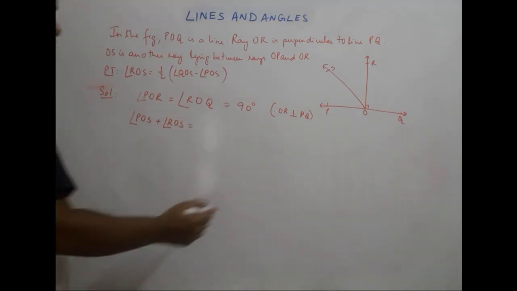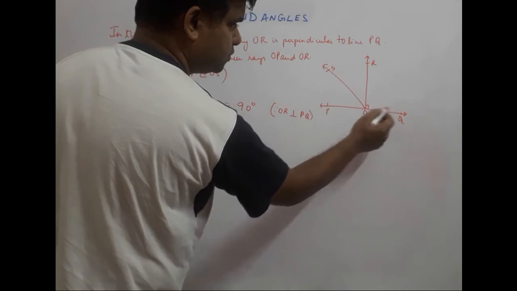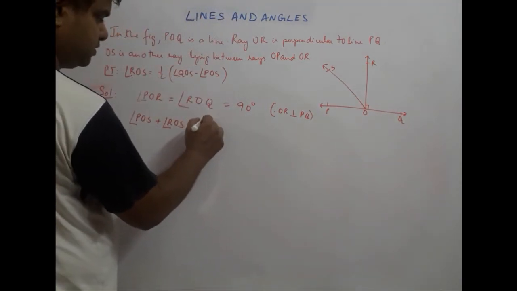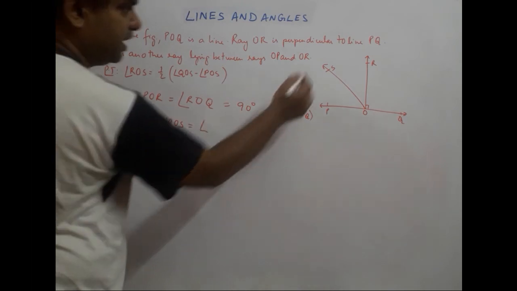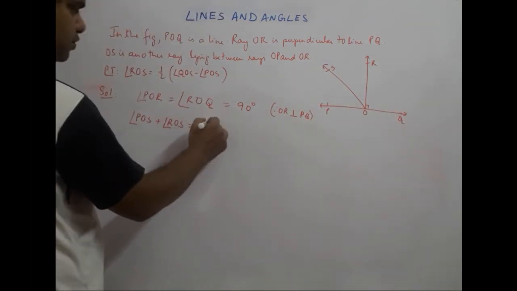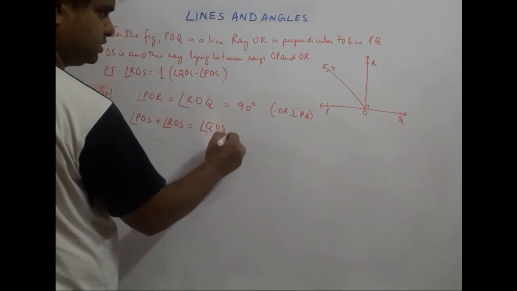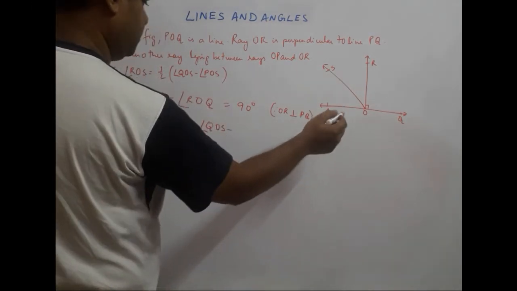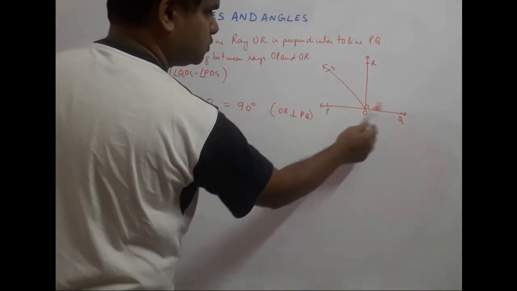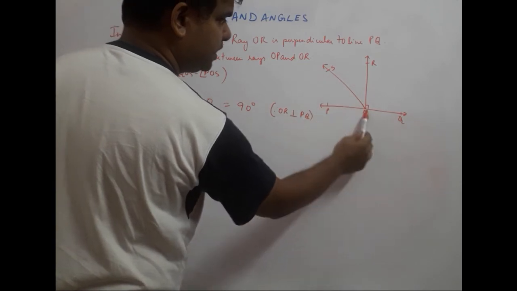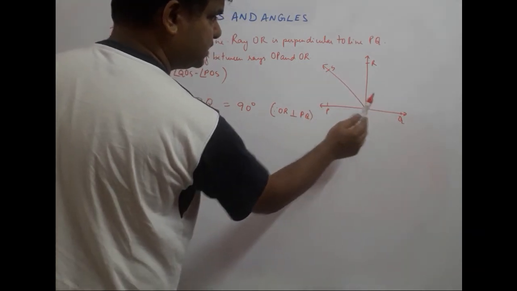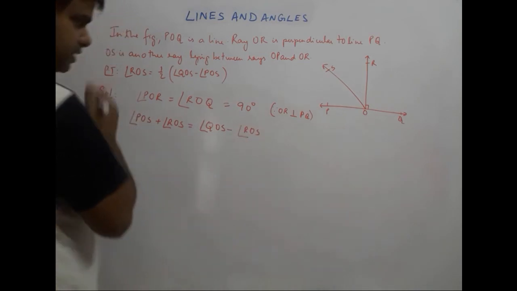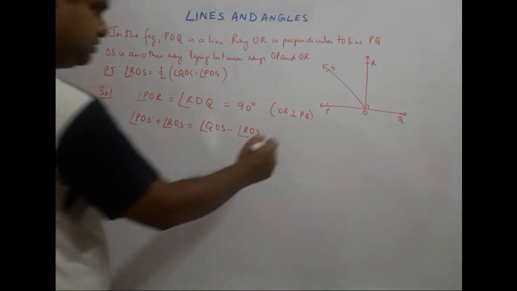And ROQ can be converted as angle, big angle QOS minus small angle. See, we are replacing ROQ, so big angle minus this angle will give us this angle, that will be minus ROS. Okay, and I'll write the reason over here.